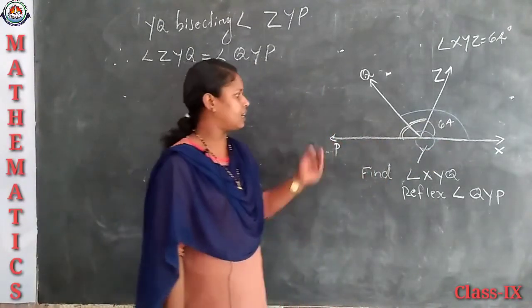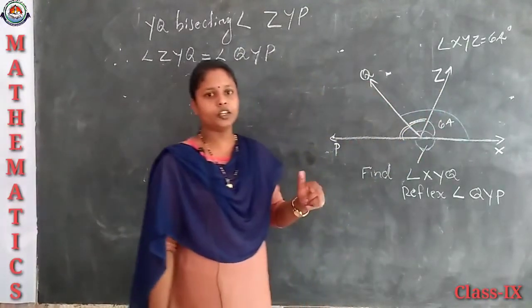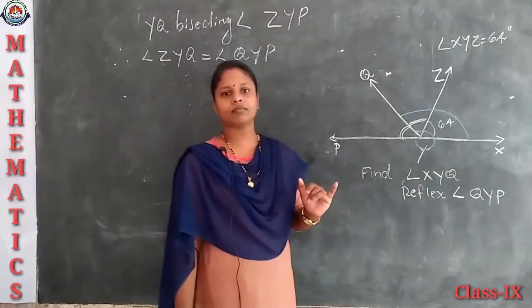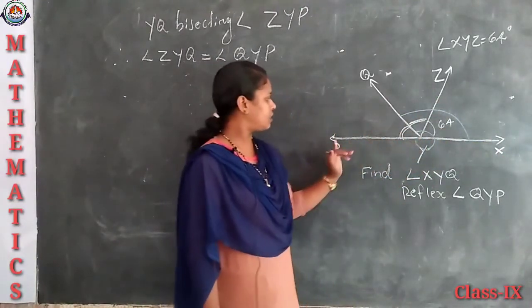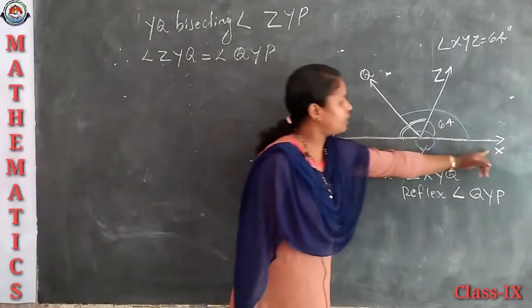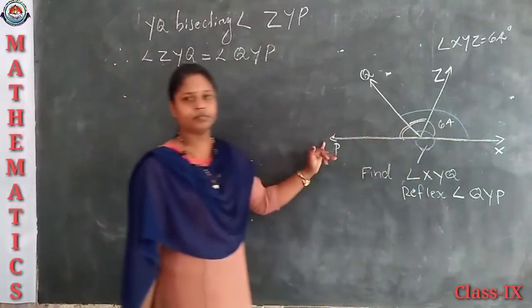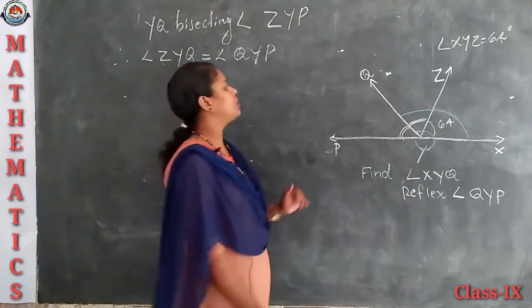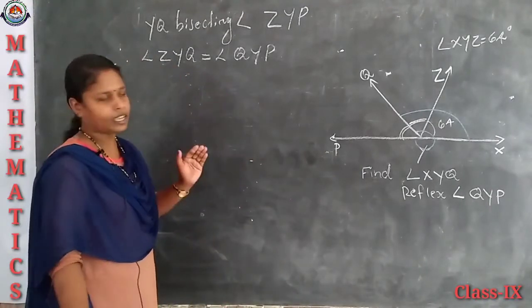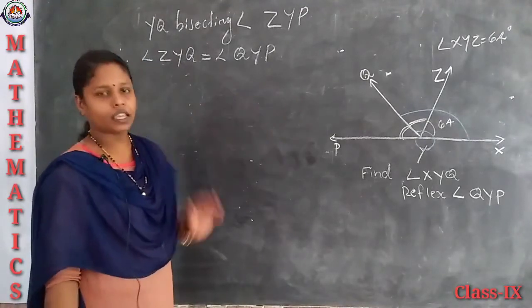P means a point when we extended the line XY. So YQ and YZ are two rays standing on the line PX.